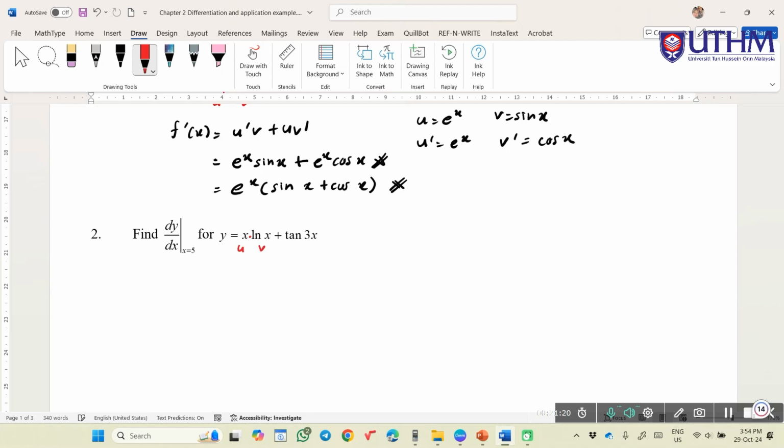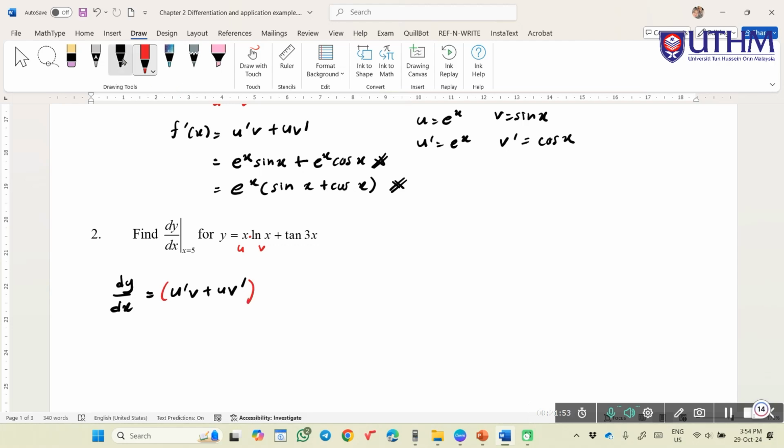So this one is u, this is v. As for the tangent, we can directly differentiate. So our dy over dx equals, why I write the dy over dx? Because it depends on the question. Dy over dx is u prime v plus uv prime. This one is for the term x and ln x.